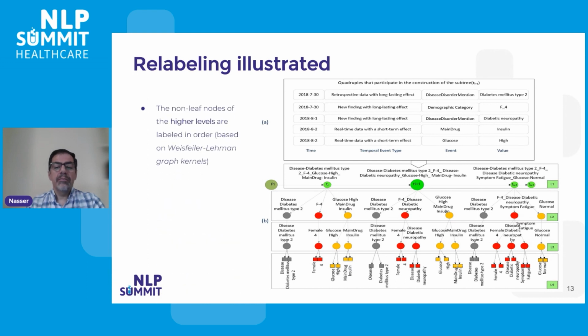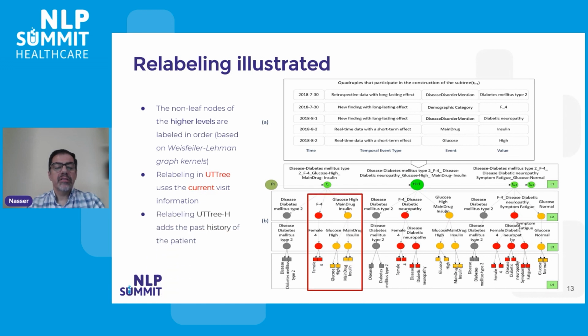At upper levels, we have non-leaf nodes that are labeled using a relabeling method based on a specific graph algorithm. The UT3 includes the data for the current visit, shown in red, and UT3H further improves it by using historical data extracted from EHR for relabeling the upper levels.